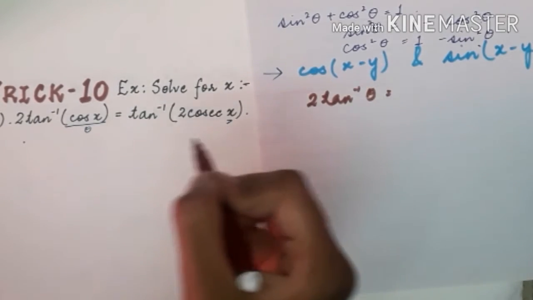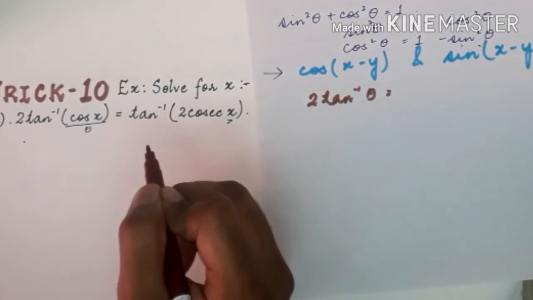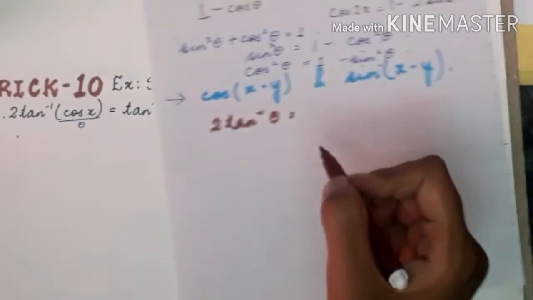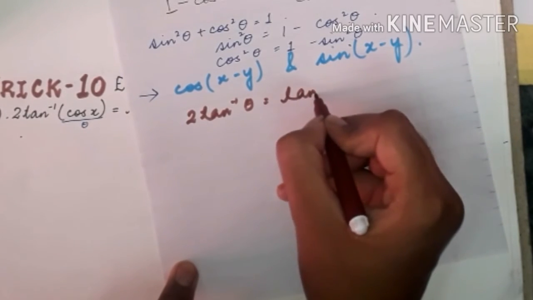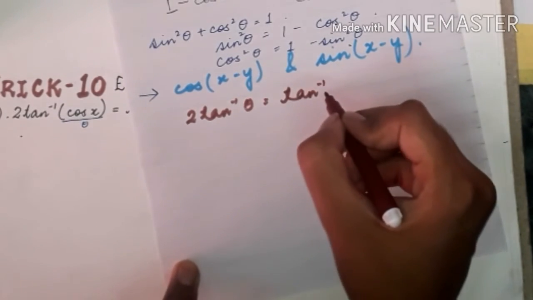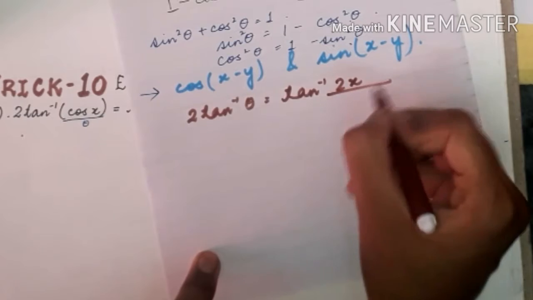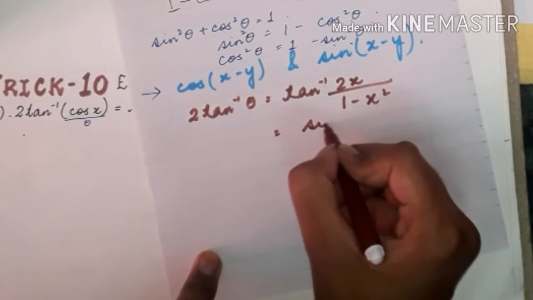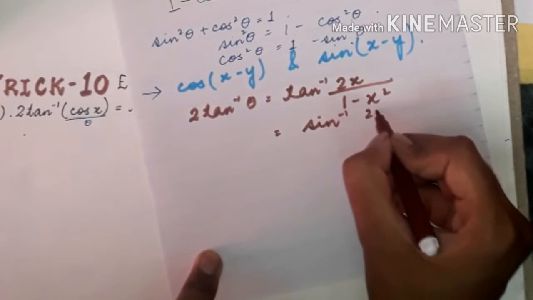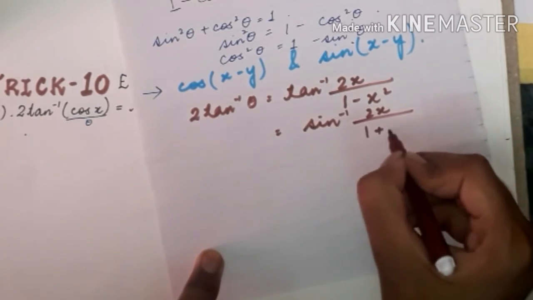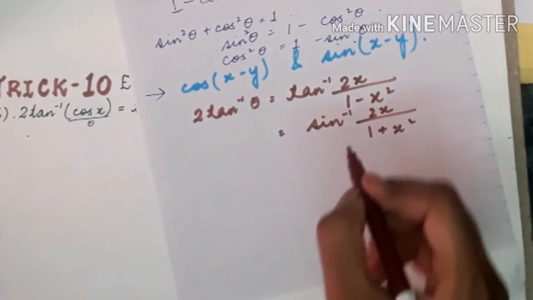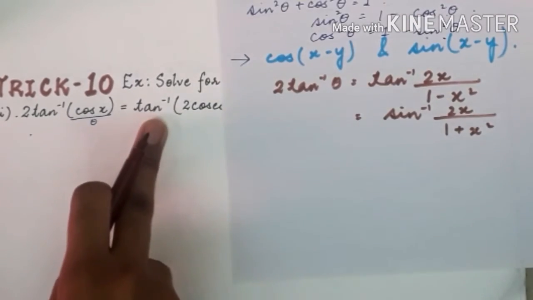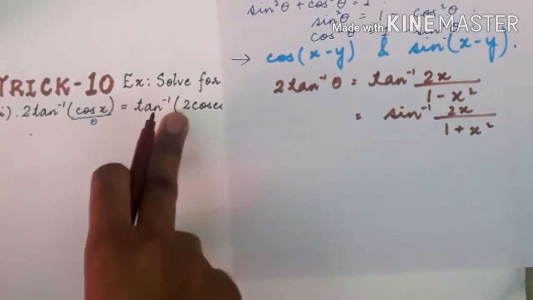See, on the other side you have tan inverse. So put the identity of tan inverse. It is also equal to tan inverse 2x upon 1 minus x square, isn't it? It is also equal to sine inverse 2x upon 1 plus x square. But you don't have to put this value, because on the other side, on the RHS, you have tan inverse.